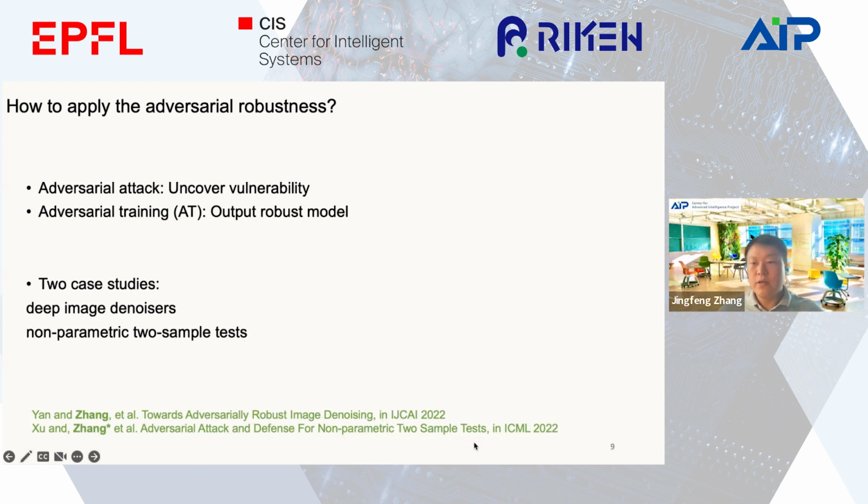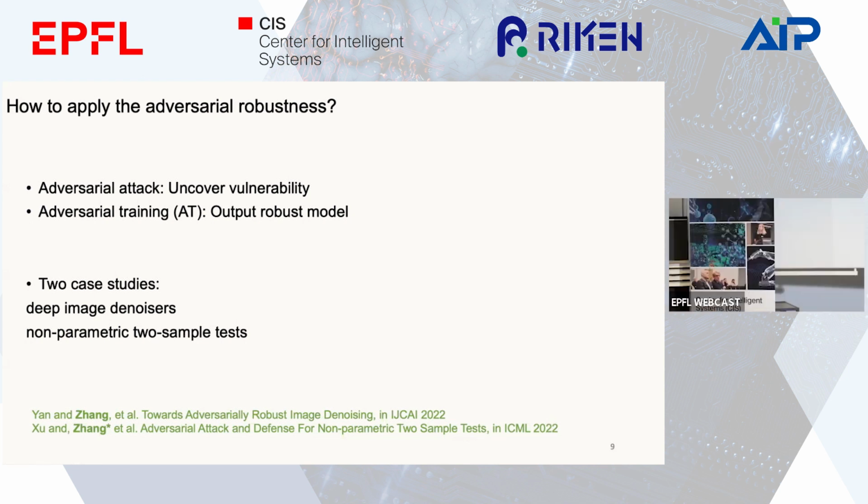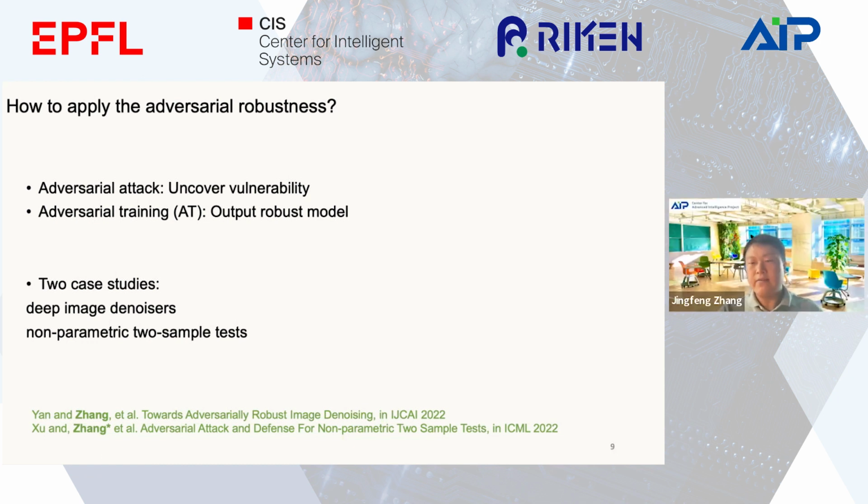Therefore, I will show two case studies using the attack to evaluate the vulnerabilities and using the adversarial training to enhance the adversarial robustness. I'm going to give two examples, deep image denoiser and non-parametric two sample test.